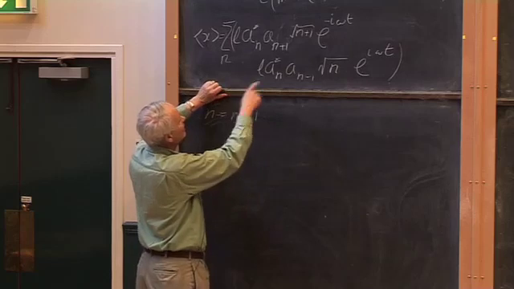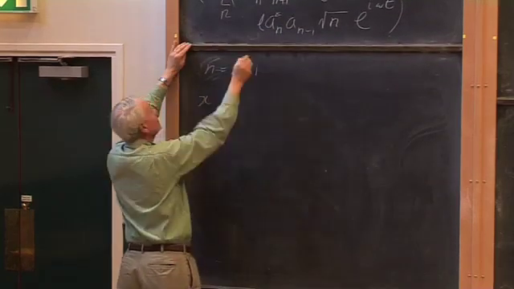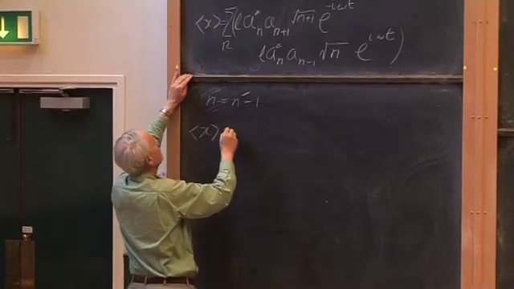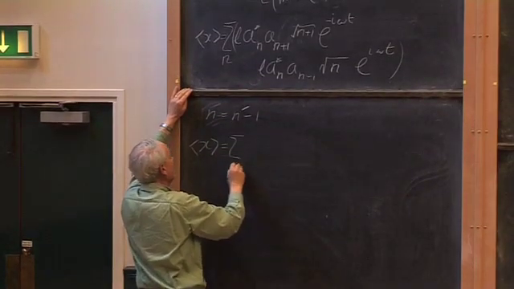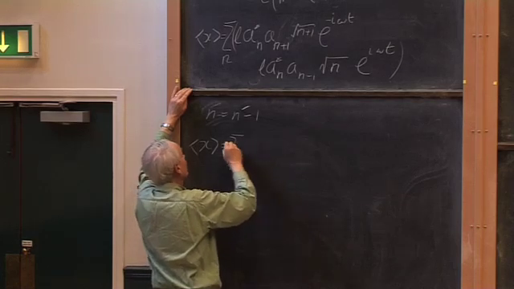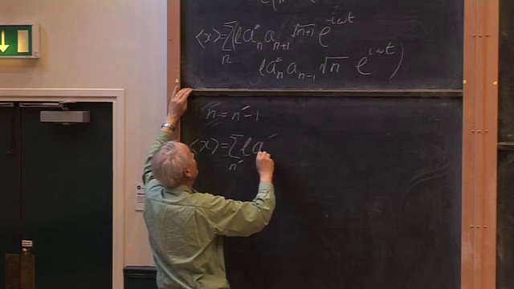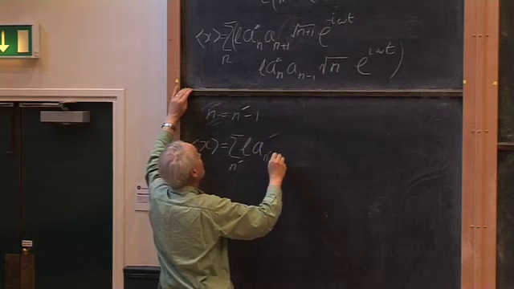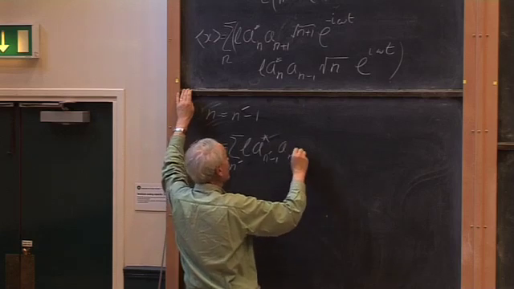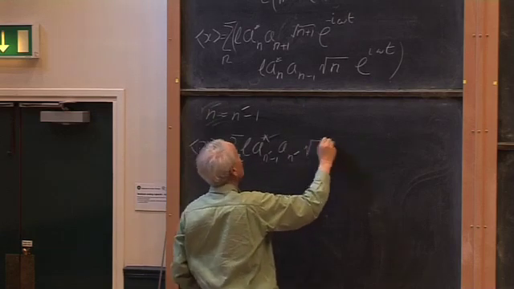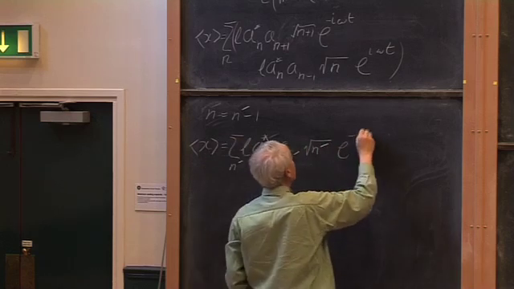And then I can relabel the n primed n, and this term becomes the same as that term, becomes the complex conjugate of that term. So when I do this, I'm going to have a sum now over n primed, L, a n primed minus 1, a n primed star, times the square root of n primed, e to the minus I omega t.